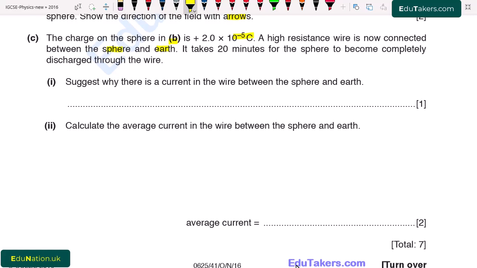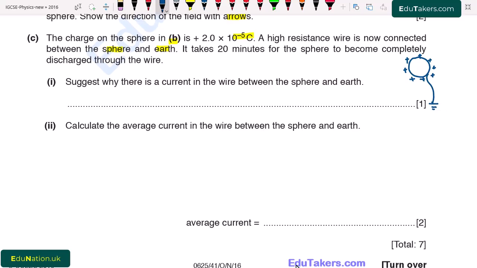Part 1 suggests why there is a current in the wire between the sphere and the earth. So first of all, I consider here is a sphere and it is positively charged. When I connect this sphere with the earth, then what will happen?